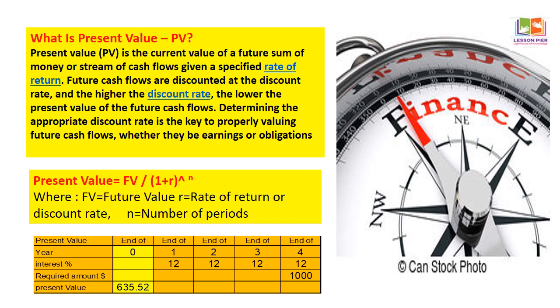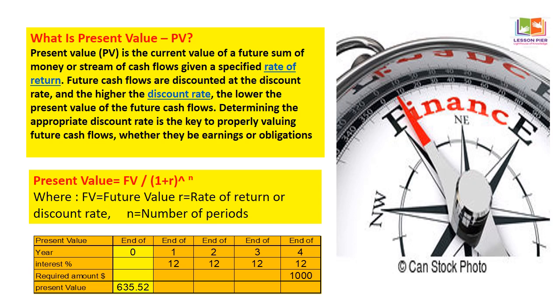So this is called the discount rate. The higher the discount rate, the lower the present value of a future cash flow. The formula is given by present value equals future value divided by (1 plus r) raised to the power n.